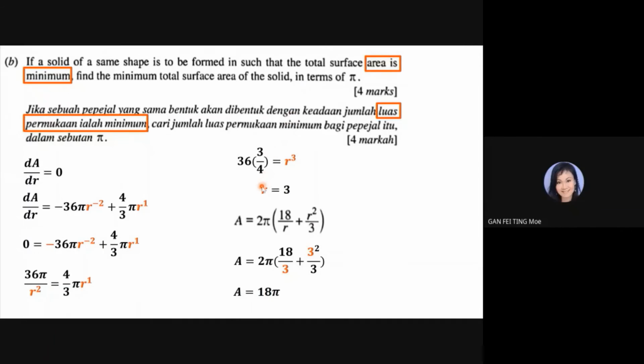Based on the graph, you will say whether it is yes or not. This is something a HOTS question might prompt you. This question looks very long, but it is very direct, following the formula only. Remember, they want the area. After you get the r, sub the r into the formula given in the question to get the A.